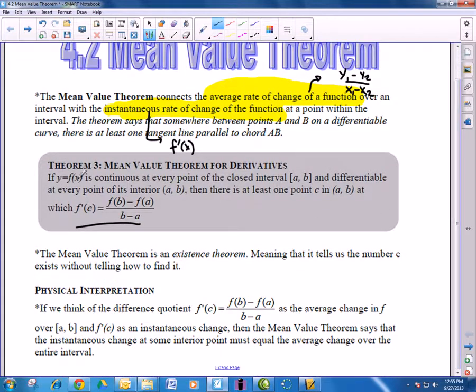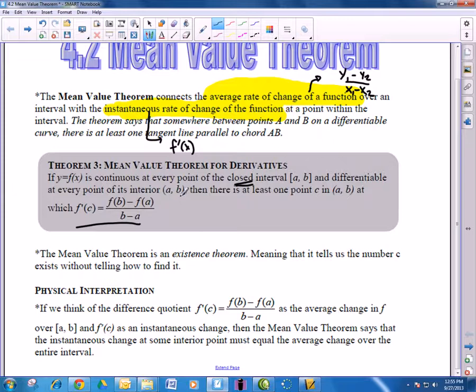It says if you have a function f of x that's continuous at every point on the closed interval, and differentiable at every point on its interior, then there's at least 1 point c. And you notice this is not inclusive, it's exclusive, because the function is not differentiable at an endpoint. So just remember that.